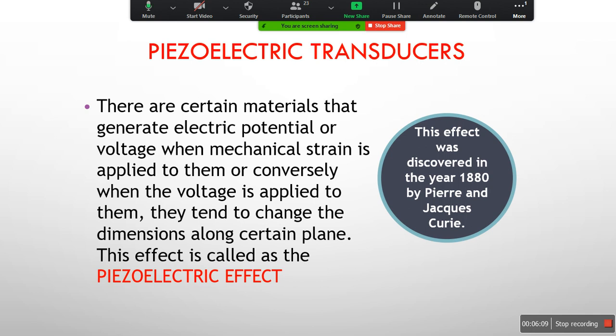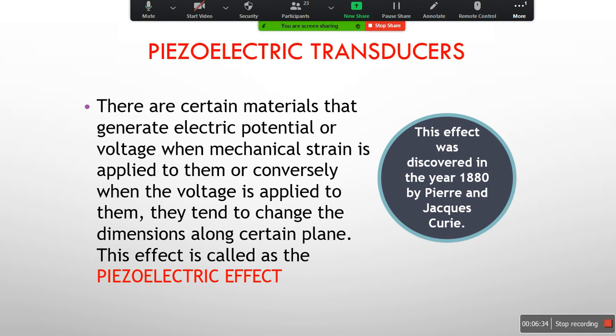There are certain materials that generate electric potential or voltage when mechanical strain is applied to them, or conversely, when voltage is applied to them, they tend to change their dimensions along a certain plane. This effect is called the piezoelectric effect.